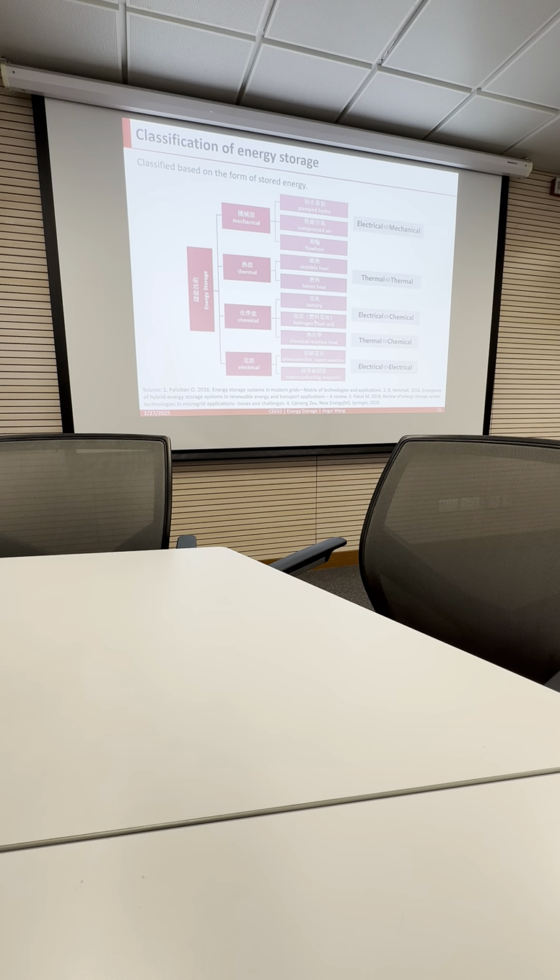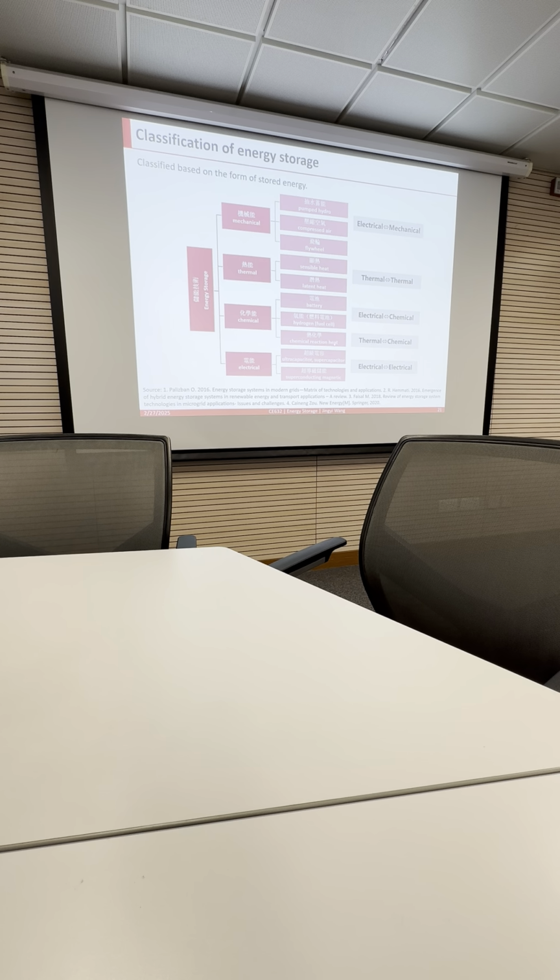We also have hydrogen and fuel cell, and chemical reaction heat. And finally we have the direct conversion between electrical and electrical, which contains the supercapacitor and the superconducting magnetic, these two kinds. And we will cover some of them today.